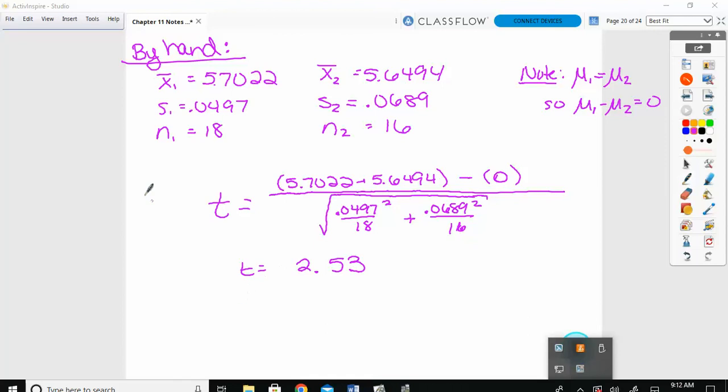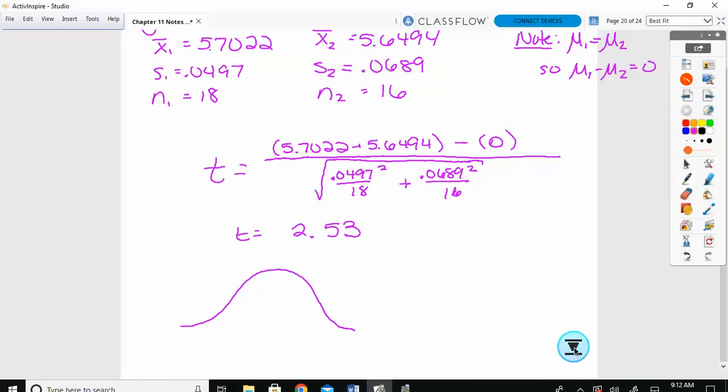If we think about our critical value, when we do our statistic using our t-table. So the critical value here, what was our alpha level? 0.05.